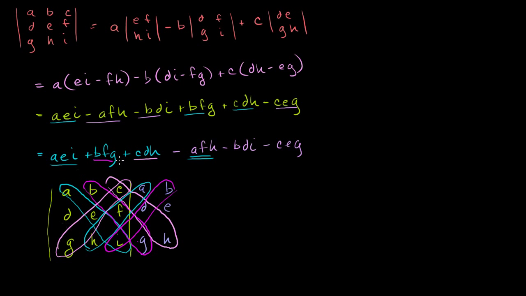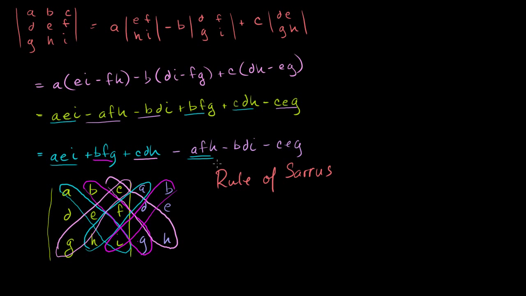So the rule of Sarrus sounds like something in Lord of the Rings. The rule of Sarrus is essentially a way of memorizing this little technique where you write the two columns again and you say, okay, this product plus this product plus this product minus this product minus this product minus that product.